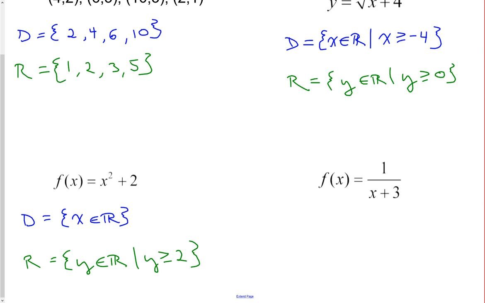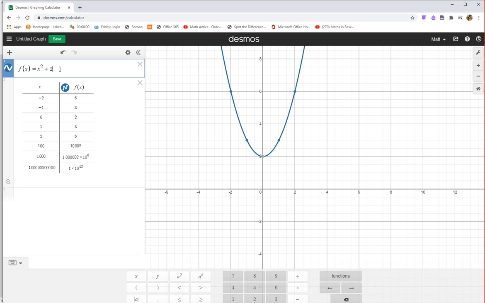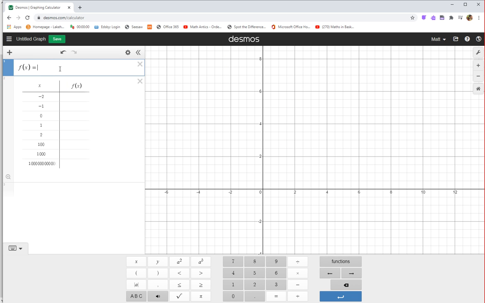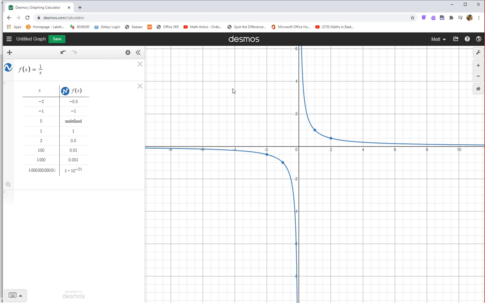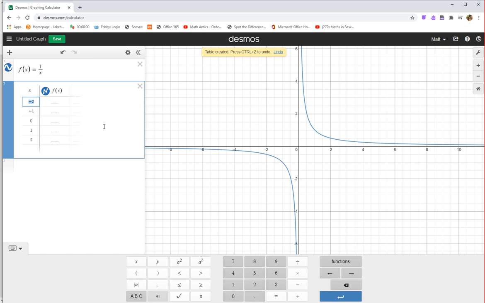Okay, our last one is the reciprocal function. This one's a bit trickier. You remember that this one has like 2 parts to it. So our reciprocal function looks like that. So we know for our x values, it could be anything in the negatives or in the positives, but it can't be 0.